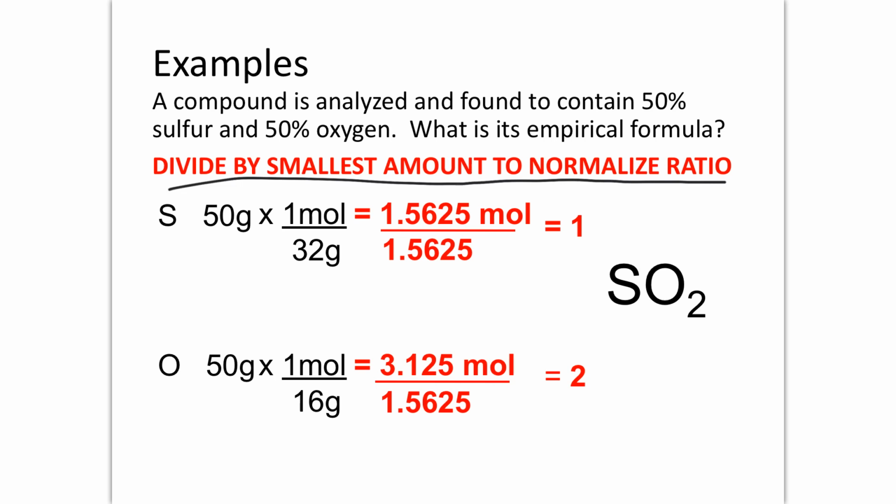So it's telling me that I have 1 mole of sulfur atoms for every 2 moles of oxygen atoms. So in my formula, it would be S1O2, and we don't write the 1, so it would just be SO2. So again, you're going to divide through by the smallest number of moles that you calculate to normalize everything.